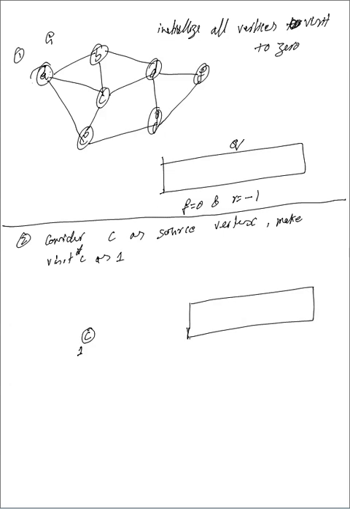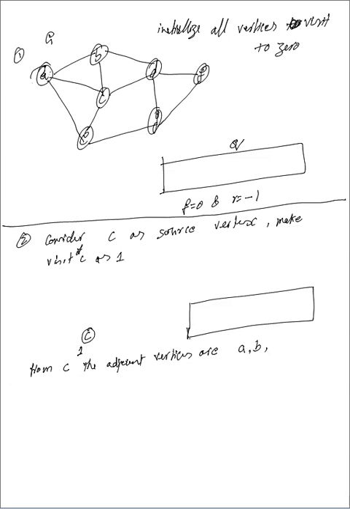Now, below you have to write: from C, the adjacent vertices are. Now you should start symmetrically. A, B. Also A, B, C is already there.